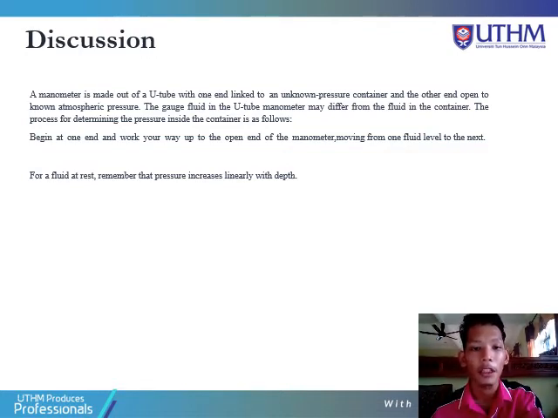The process for determining the pressure inside the container follows these steps. First, we begin at one end and work our way up to the open end of the manometer, moving from one fluid level to the next. And number 2, for a fluid at rest, remember that pressure increases linearly with depth.